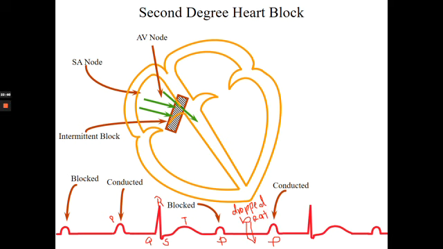This is another P, here QRS, T, and so on. So these are dropped beats.